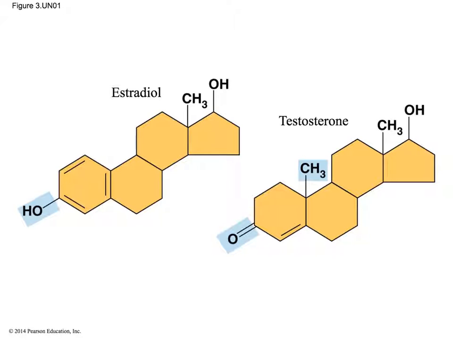Okay? What you see up there is a structure of estrogen and testosterone. Okay? In each of the vertices of these rings, you can assume that that's a carbon. This is just to show you the structure. It's not about memorizing how it is.